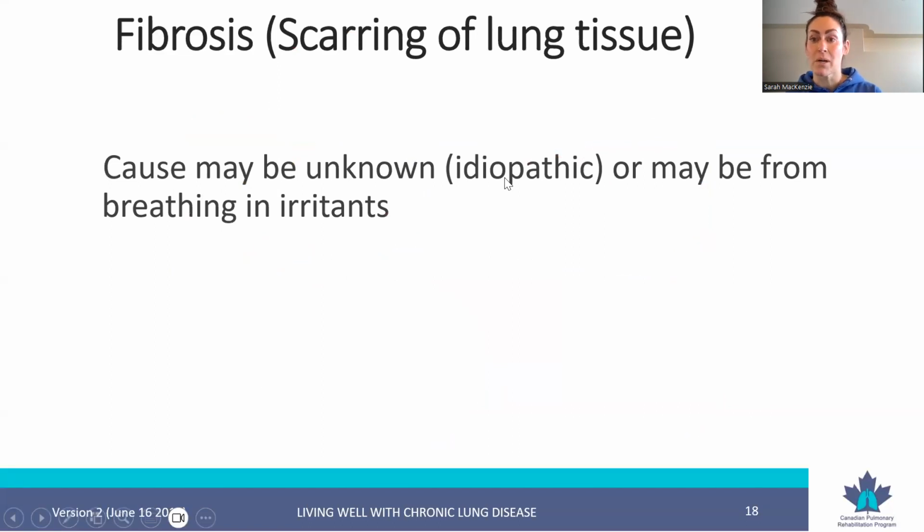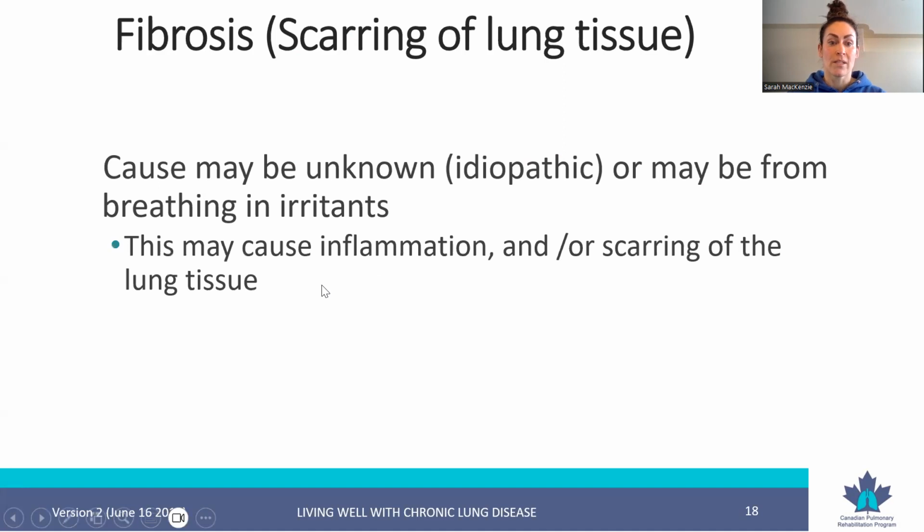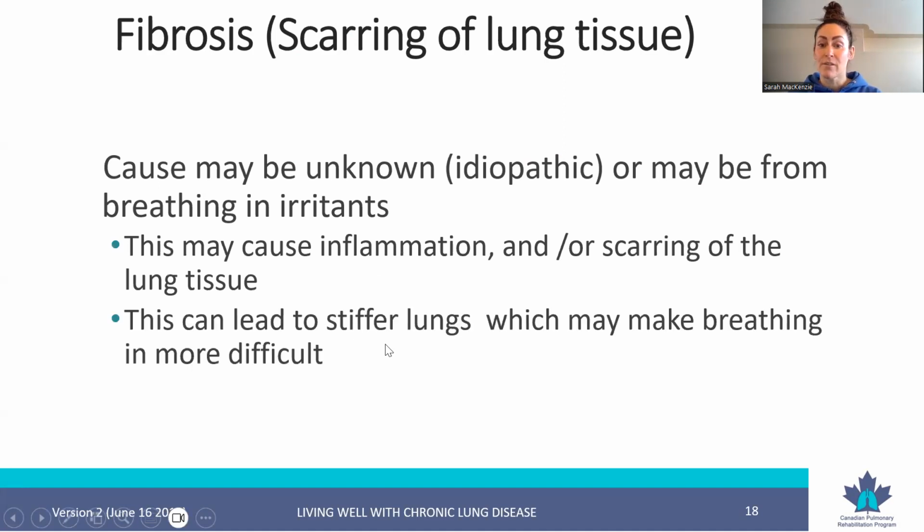So idiopathic pulmonary fibrosis, or IPF, is progressive scarring in the lungs, and we don't know why. Okay, so this can cause inflammation and/or scarring. This can lead to stiffer lungs. So imagine your lungs like two really, really thick balloons. It takes more pressure to inflate those really thick balloons.